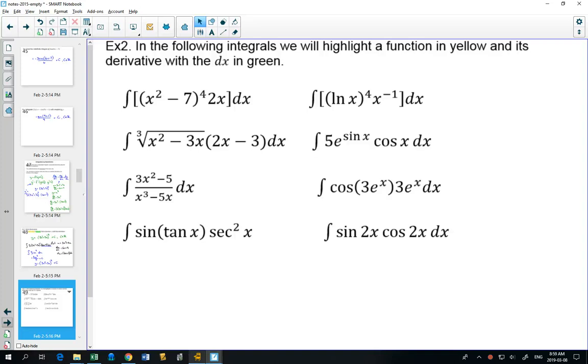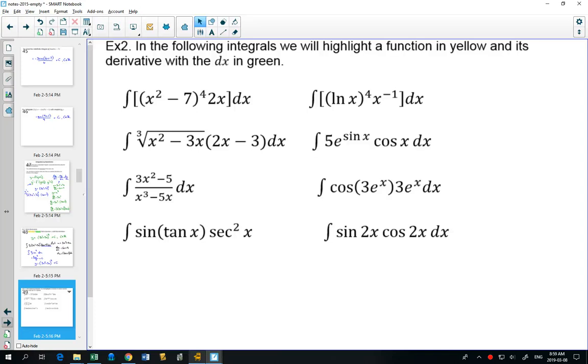So when we have a chain rule that's happened, what we have to look for in an integral to tell us, ooh, this is going to be best done by integration by substitution, is when you see a function inside of another function, and its derivative present in the same integral.